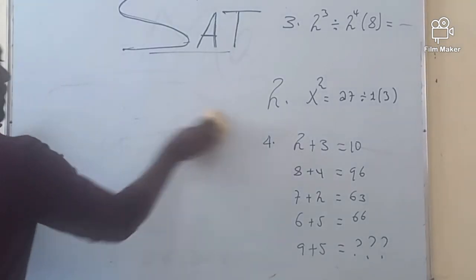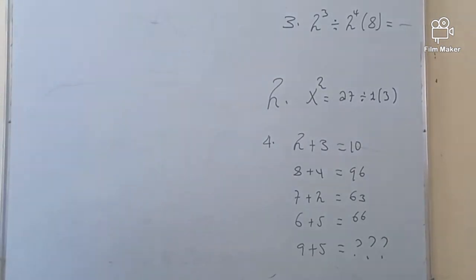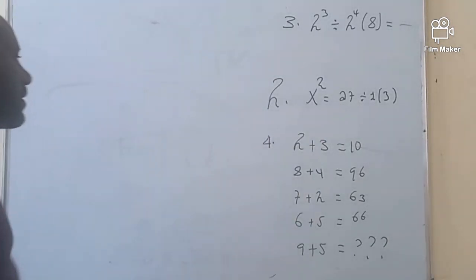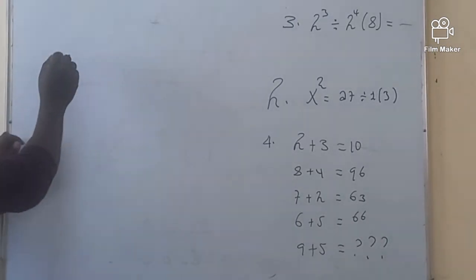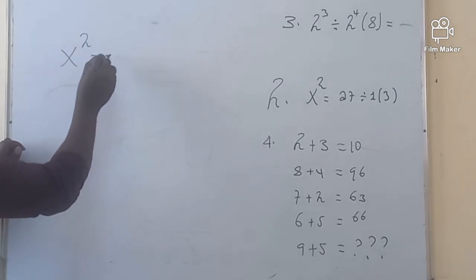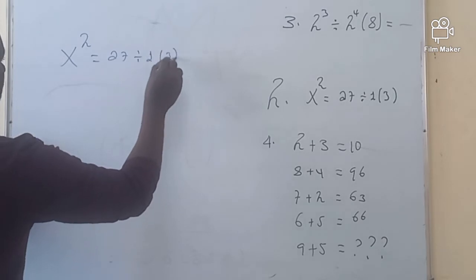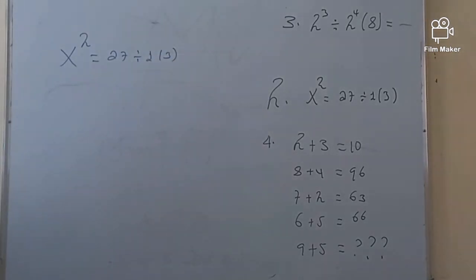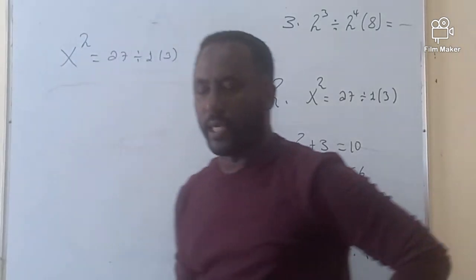For the next problem, let me show you how we do this one. Let's come back to the second problem: x squared is equal to 27 divided by 1 minus 3, in general. Whenever you are given this problem, how are we going to solve it?